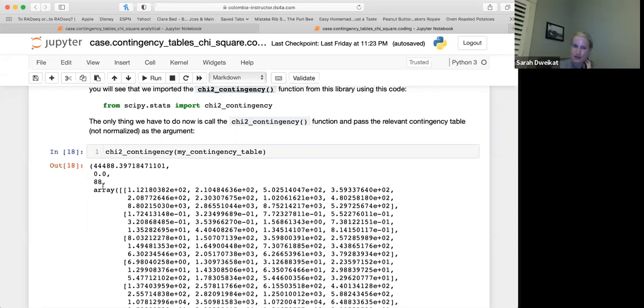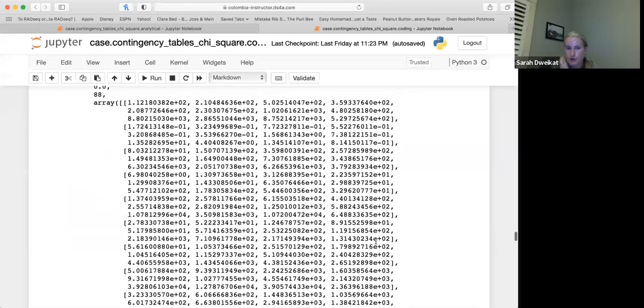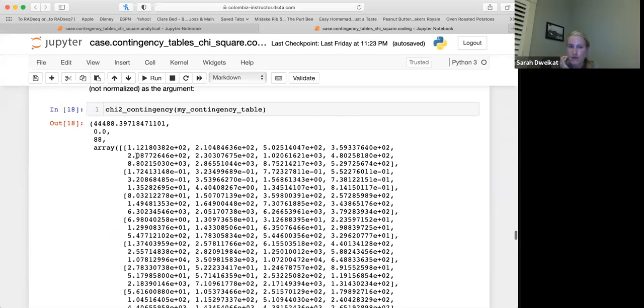This is your degrees of freedom, which can be a little bit difficult to calculate. And then this outputs, I believe, your expected counts table. If you had a null hypothesis, what should the counts be? That's your expected.